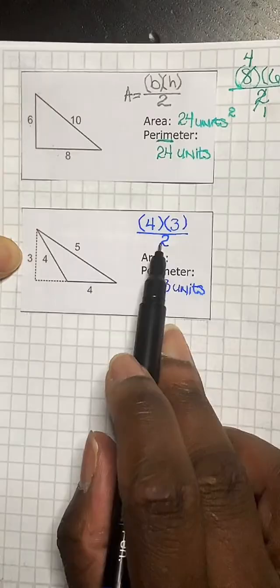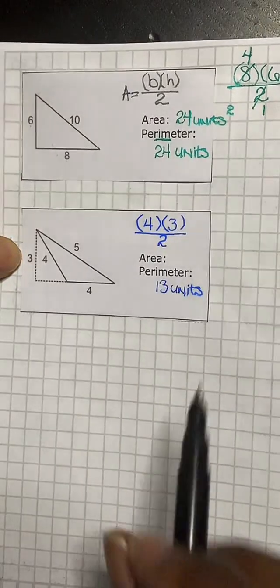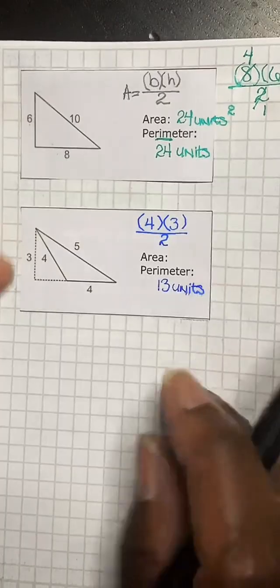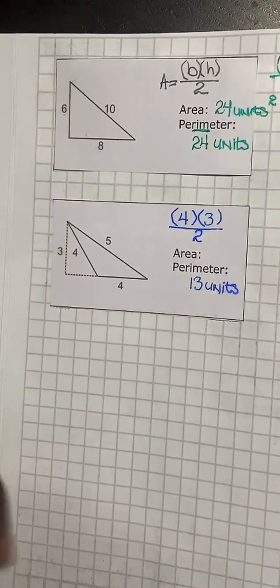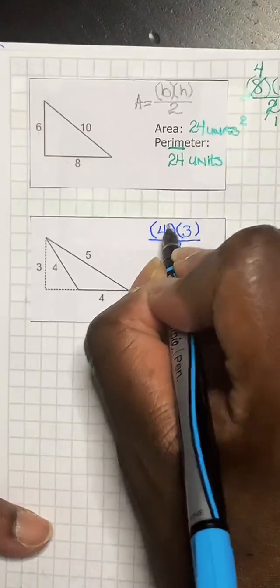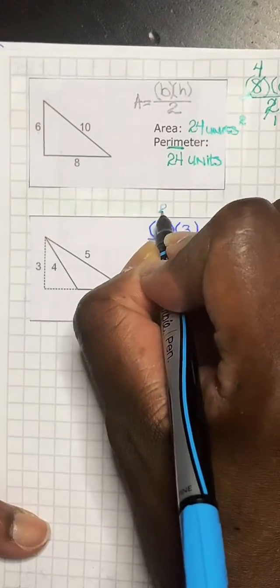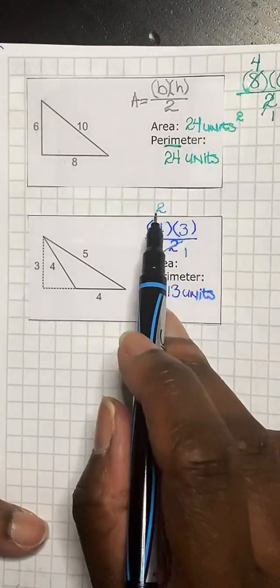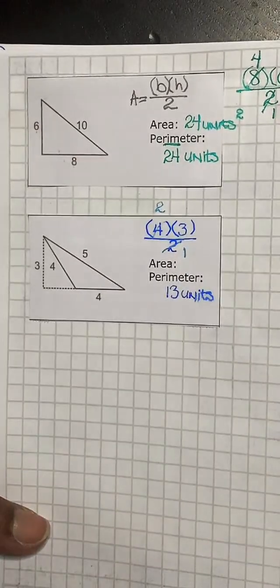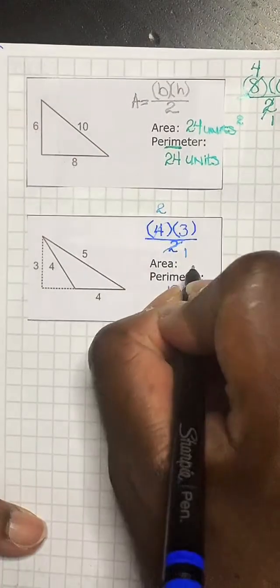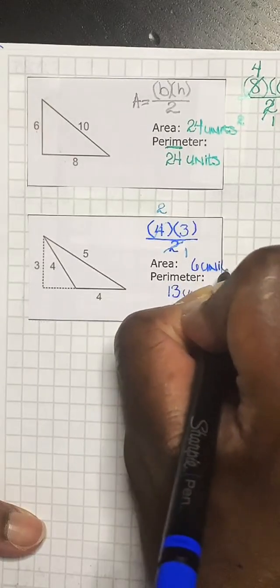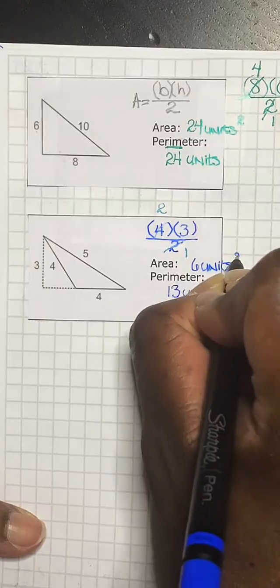And it's going to be divided by 2. So we could multiply 4 and 3 and divide by 2. Or we can just simply say 4 divided by 2. That will give me a 2. And then 2 times 3, that will give me my 6. And that will be my 6 units, or squared units.